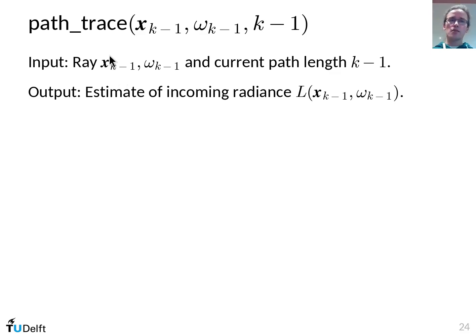Our goal here is to compute the incoming radiance at a point x_{k-1} from a direction omega_{k-1}. So this point and this direction are an input here. And since we want to be able to enforce a particular maximal path length, we also keep track of what the current path length is.